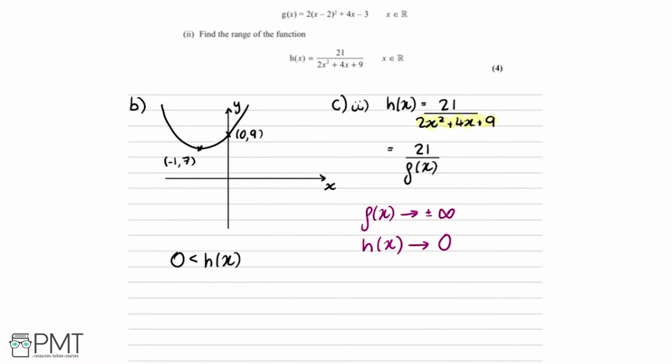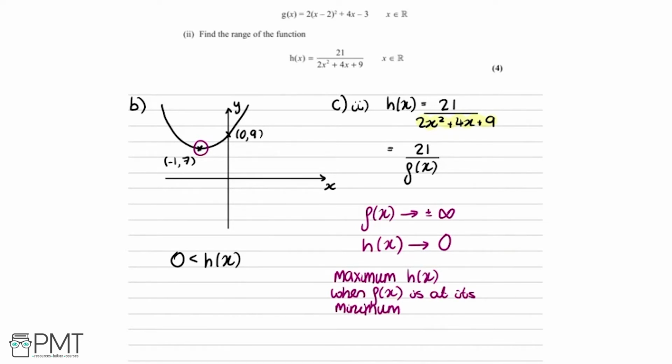Well, we get the largest value when we divide by the smallest value. So when f of x is minimum, that's when we're going to get the largest value of h of x. Actually, that's perfect, because right here, this is the minimum point of f of x. So down here I can write, we've got the maximum h of x when f of x is at its minimum.